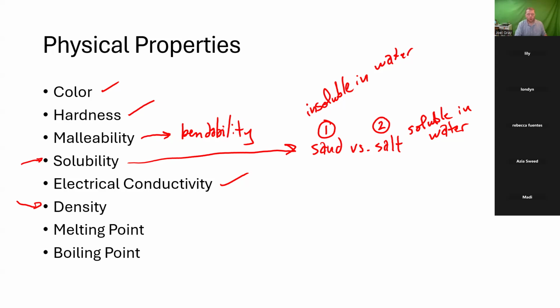Another word that can describe something as being soluble is to describe what happens to that substance. Well, it dissolves in water. So this is the first combination of things that I think about.